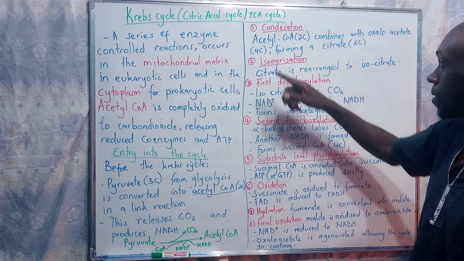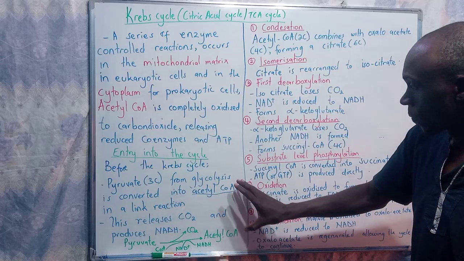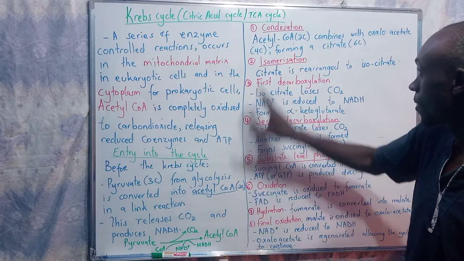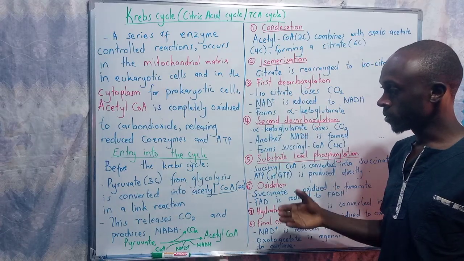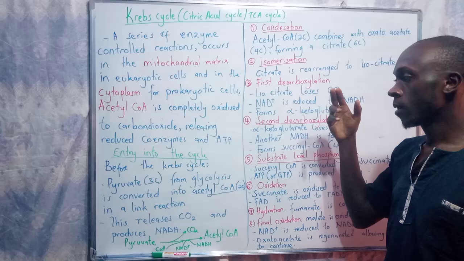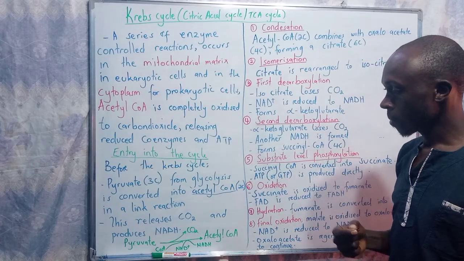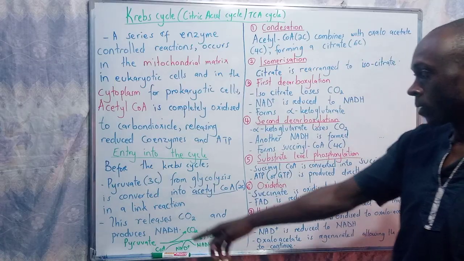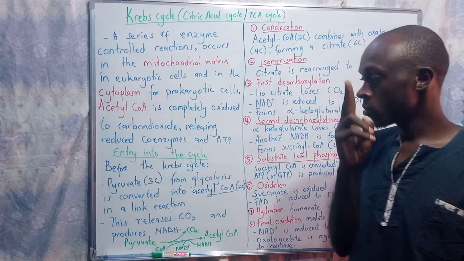Before we look at the major steps from step number 1 up to step number 8, we look at a pre-stage, or before entering into the major stages, what takes place. The transition stage from the glycolysis stage to the Krebs cycle. So the transition is always occurring from here, whereby we know very well that the end product of glycolysis was a pyruvate, and remember there were 2 molecules.